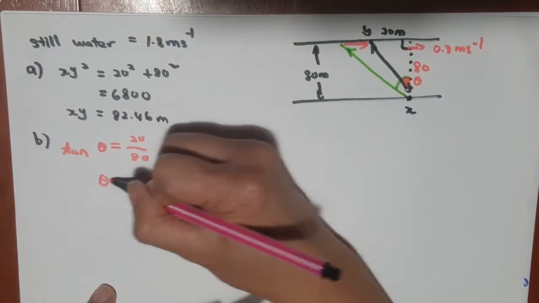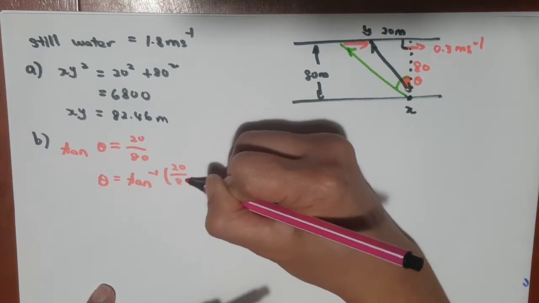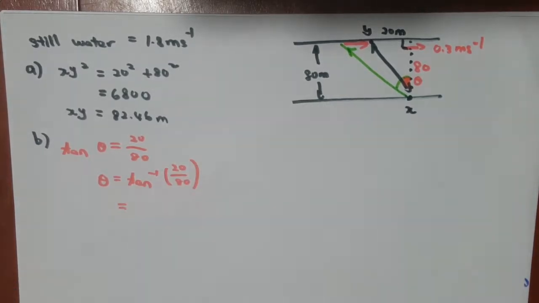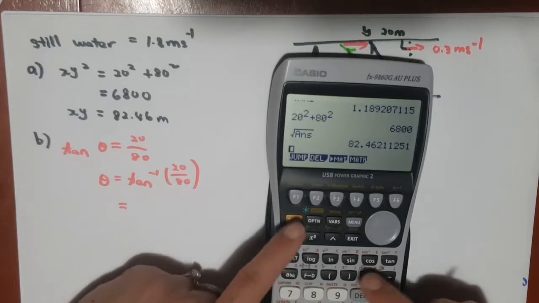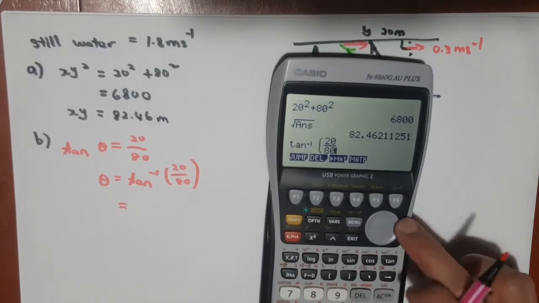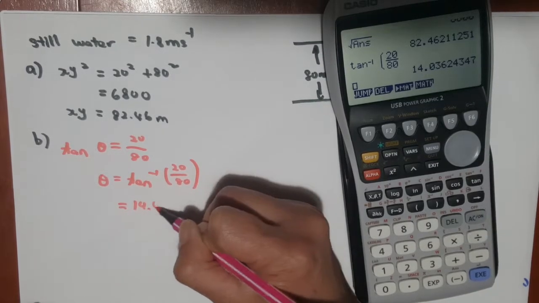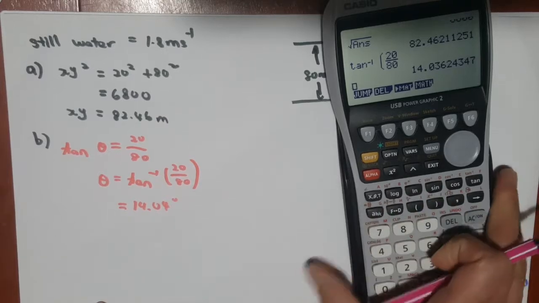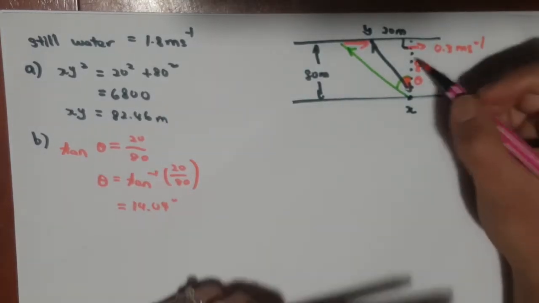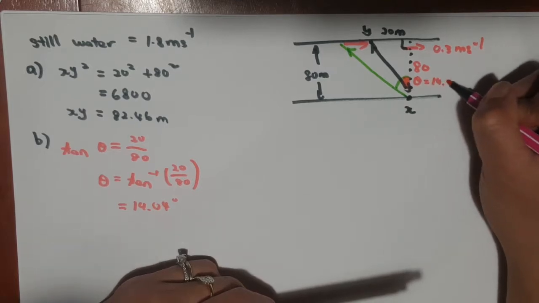So to get theta, we shift tangent 20 over 80, and we will get an angle of 14.04, simplified to two decimal places. So my theta is 14.04.